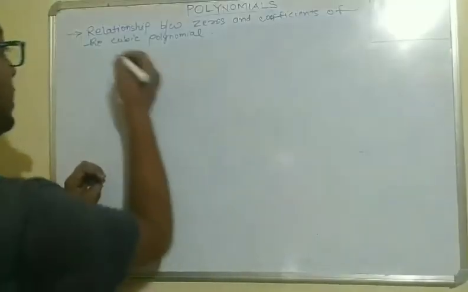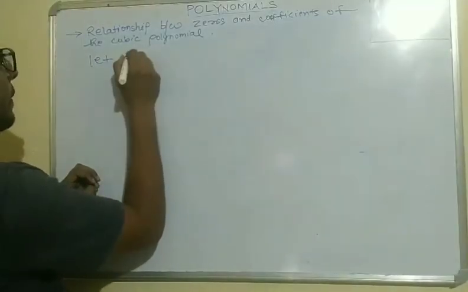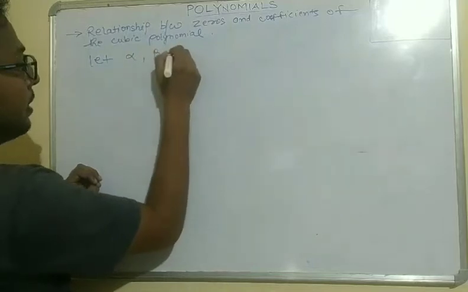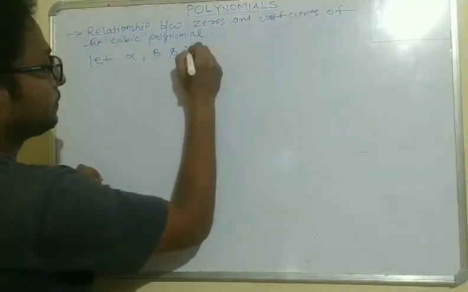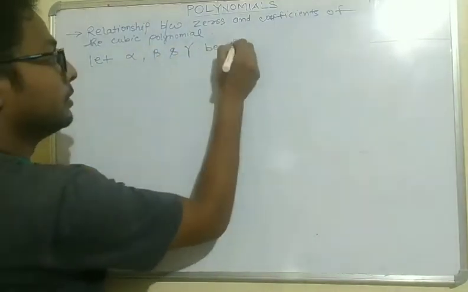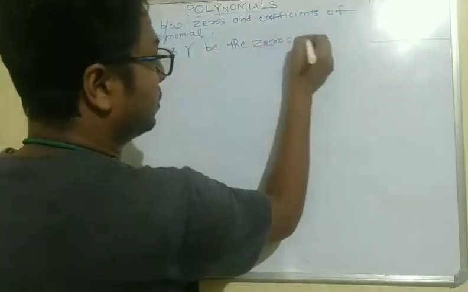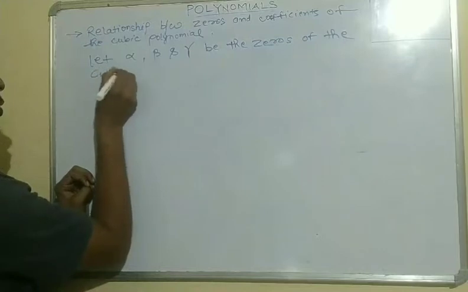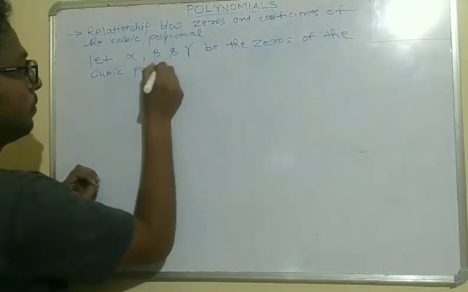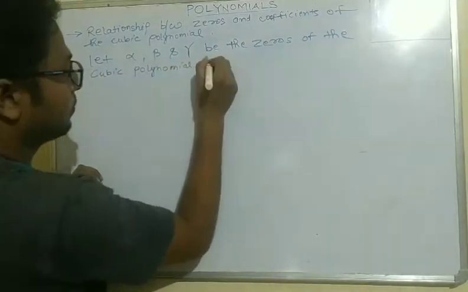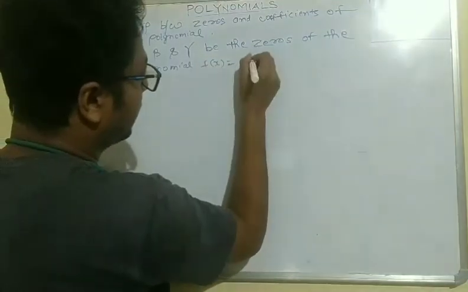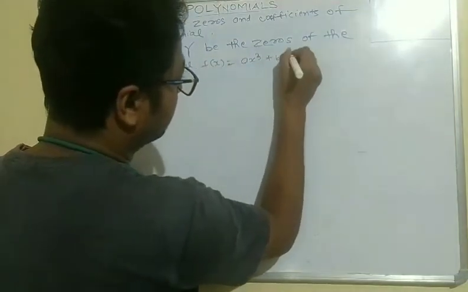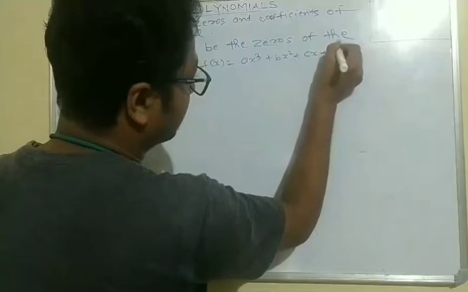What is the result? Let alpha, beta and gamma be the zeros of the cubic polynomial f(x) equal to ax cube plus bx square plus cx plus d.